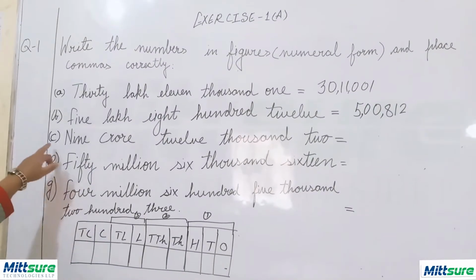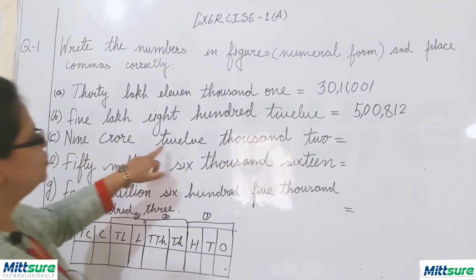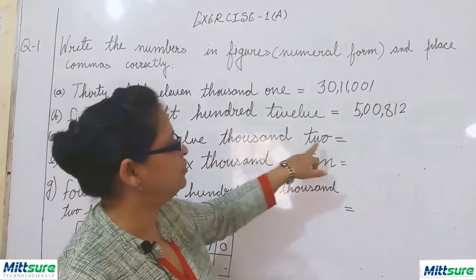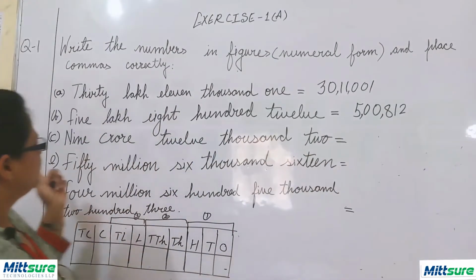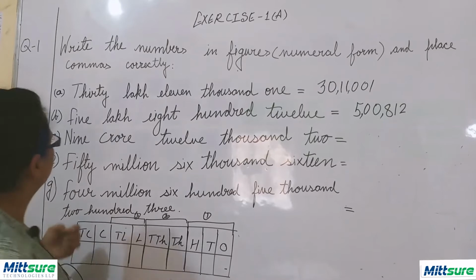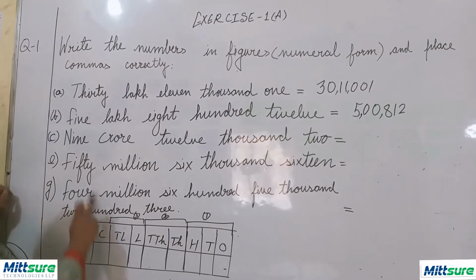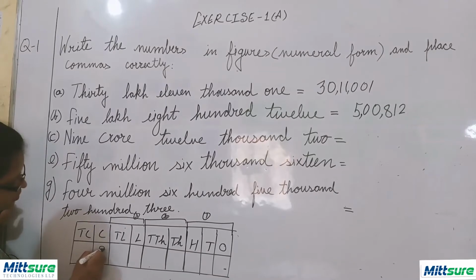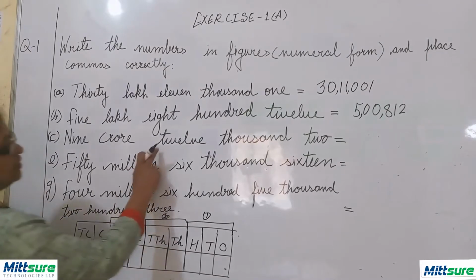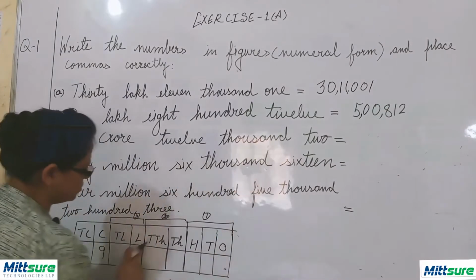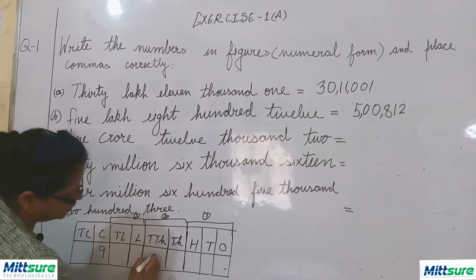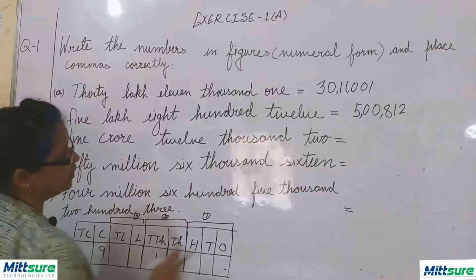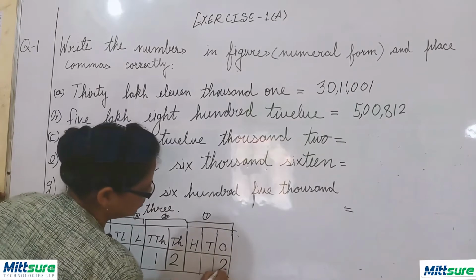Next, number C is 9 crore 12,002. Now we will place the number in the Indian system. This is the crore place. I will write 9 crore, and the 12,000, the thousands place is here, that is 12, and the last is 2.